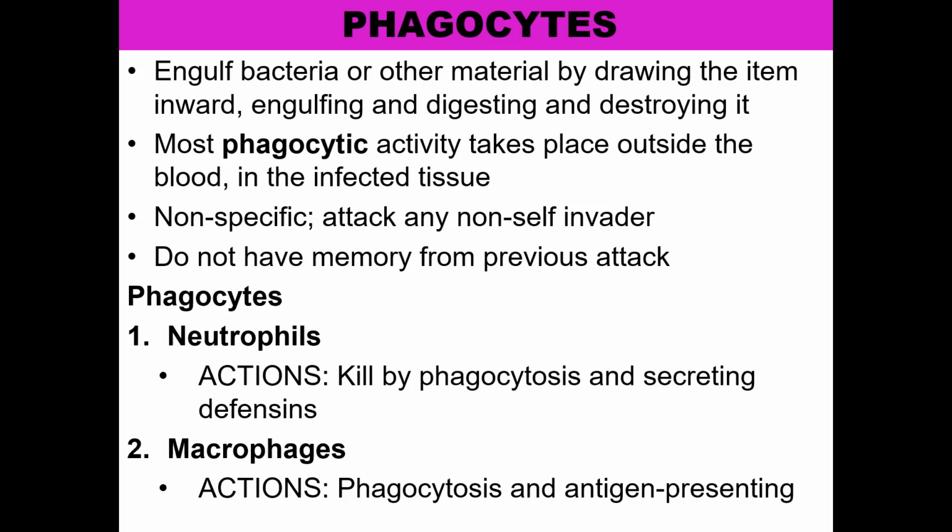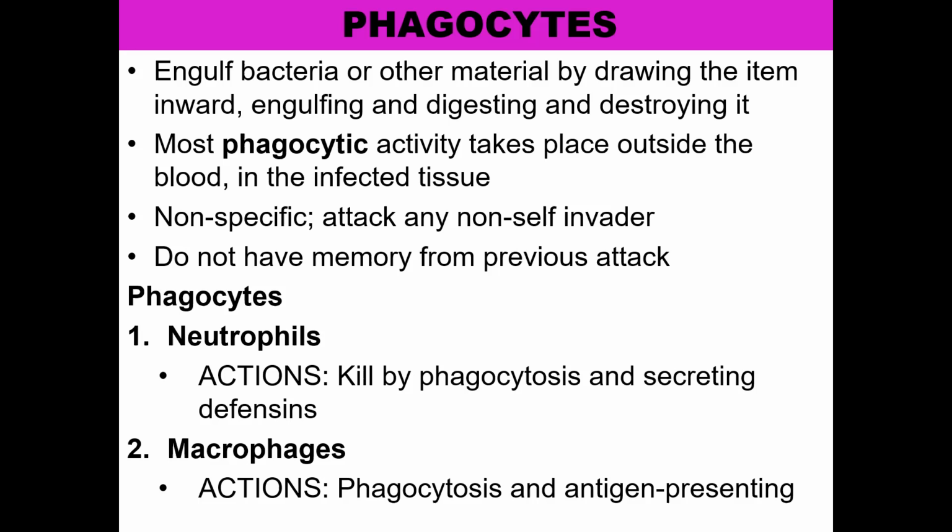So we're going to look at two phagocytes, neutrophils and macrophages. We've talked about these before in the blood system and in the lymphatic system. So we'll talk about them again. And I just want to remind you that neutrophils kill by phagocytosis. They also can kill by secreting defensins.